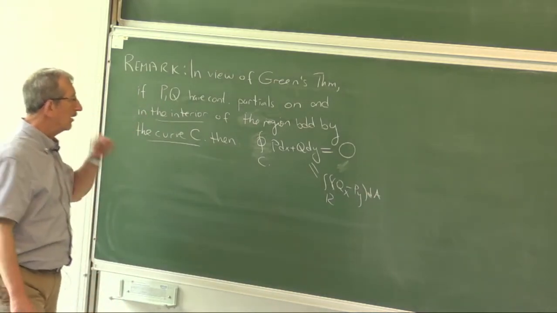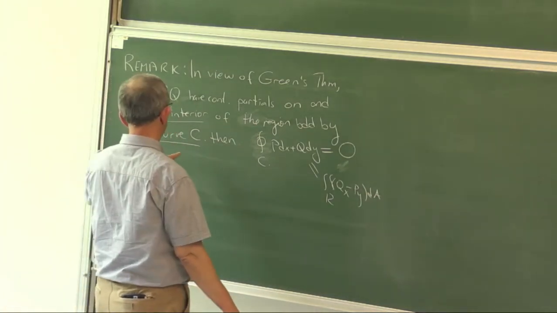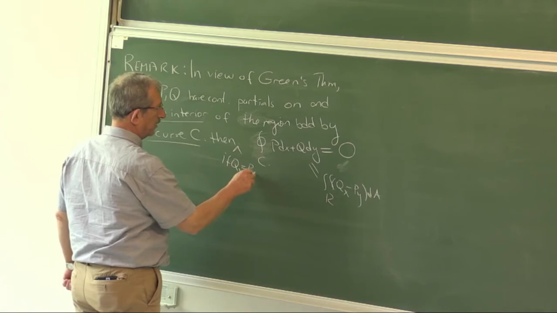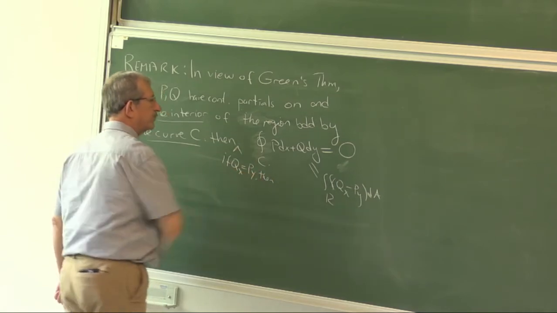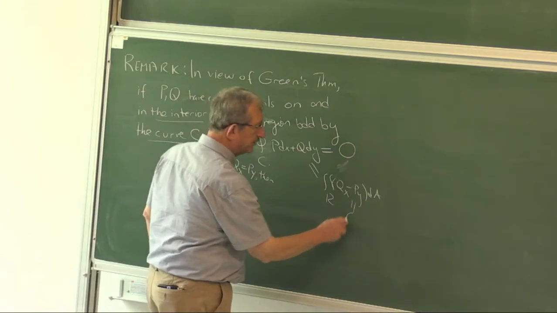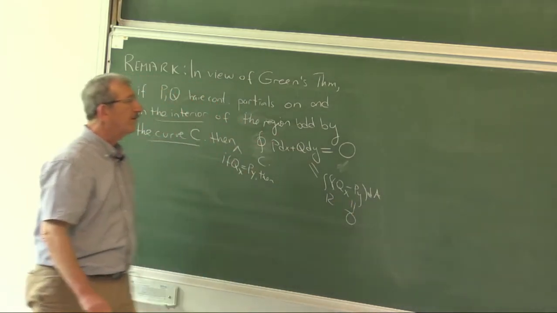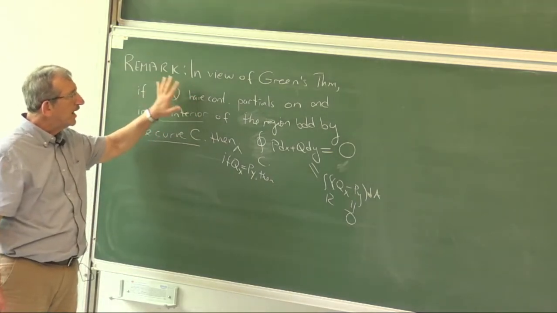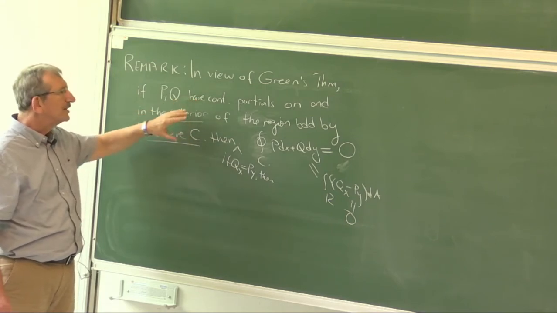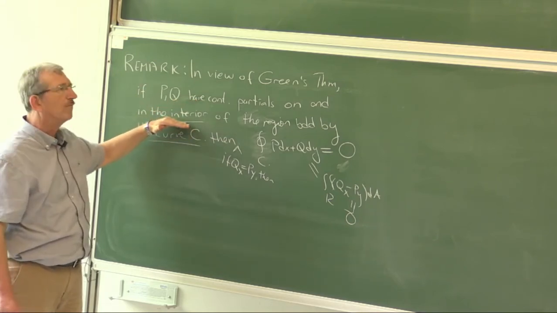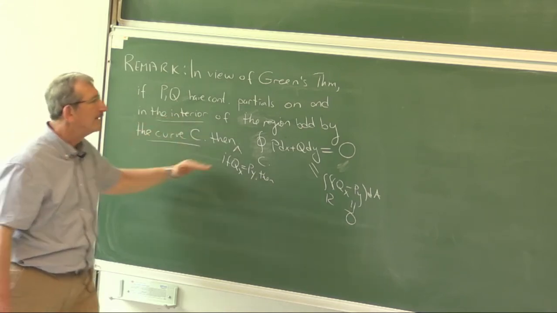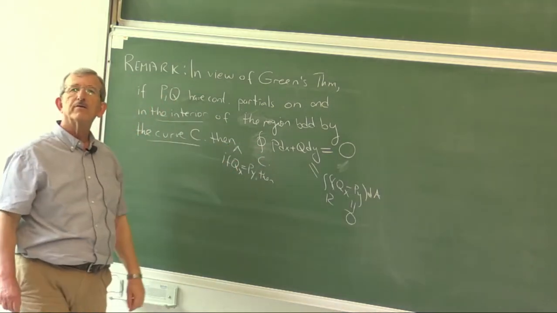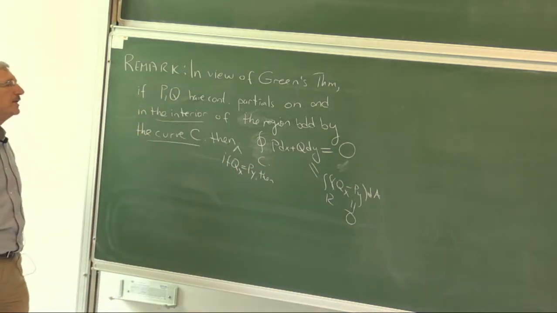If Q sub x is P sub y, then we get this because this is 0, and we can apply Green's theorem. So the point is that the functions P and Q should have continuous partials as well in the inside of the region bounded by C. Then Green's theorem is applicable. Whenever we can apply it, this integral over closed C is 0.